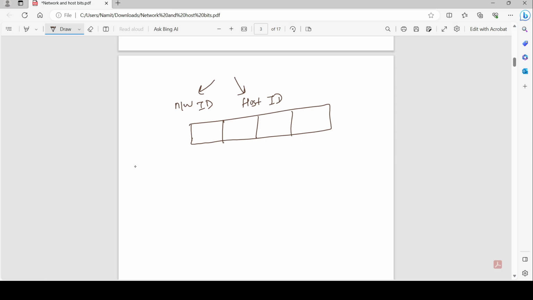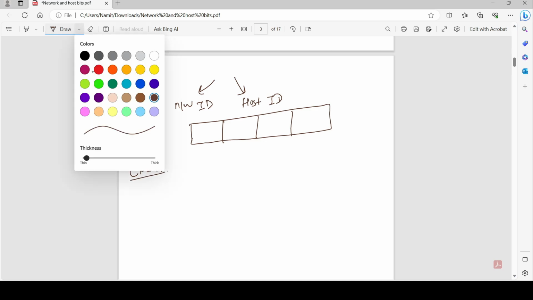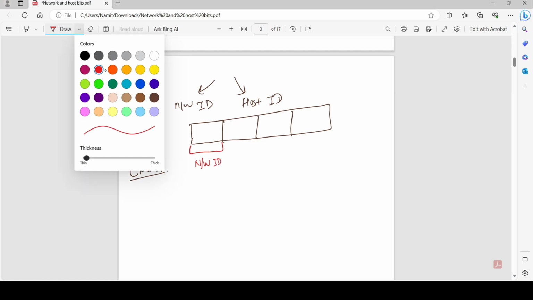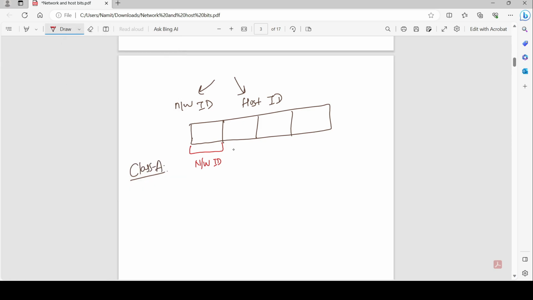If I talk about class A, for class A, the first 8 bits belong to the network ID and the rest 24 bits belong to the host ID.